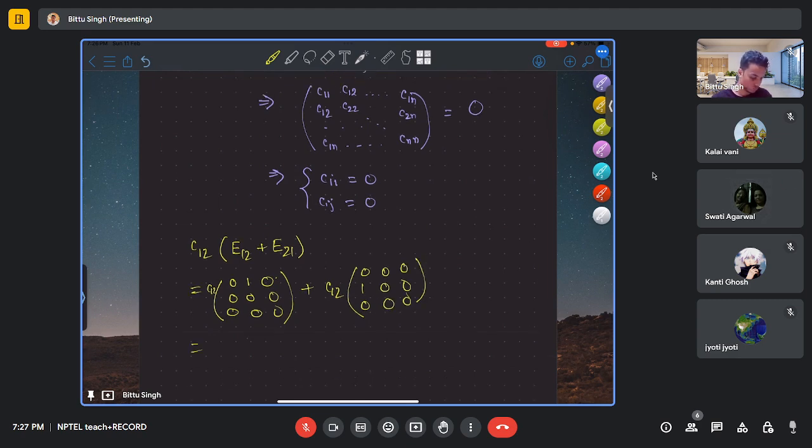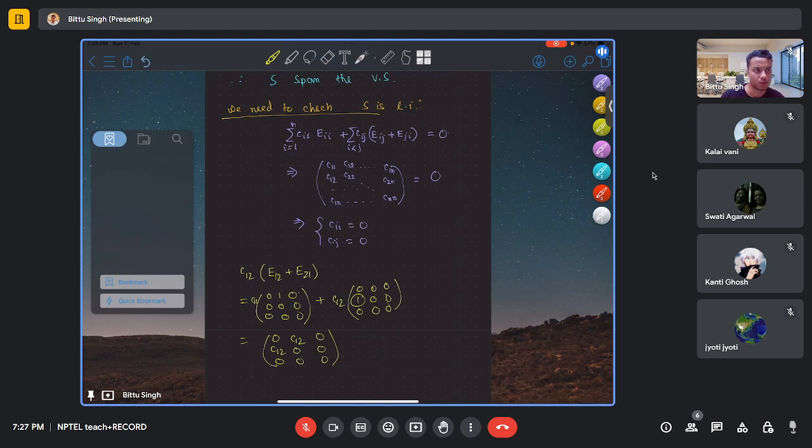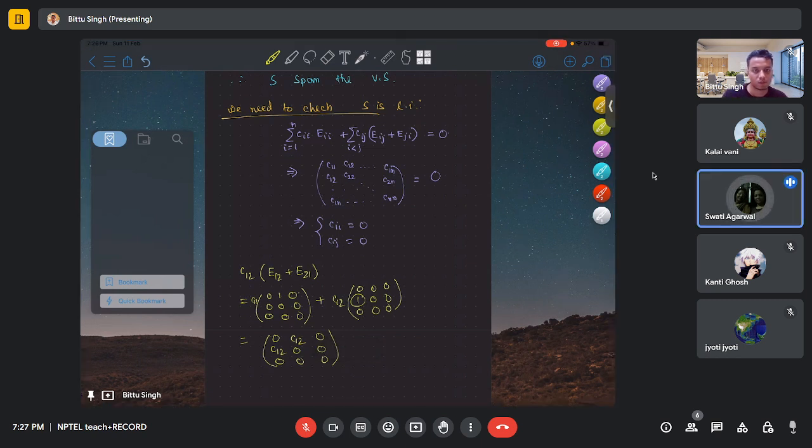Now what is the sum of this? This is the same as C12 at this place, 0 elsewhere. So we can write C12 here. Now, is it clear? Yeah, yeah.